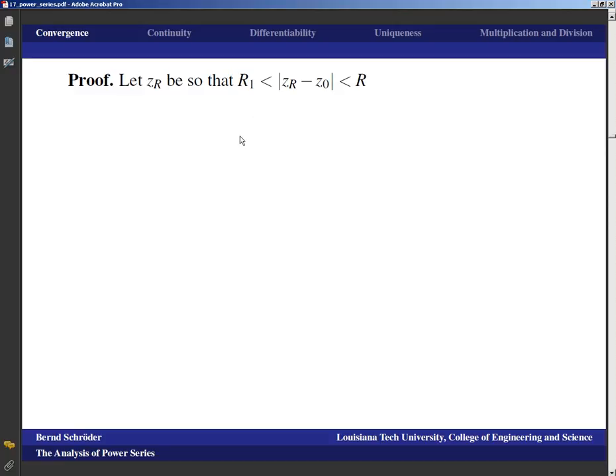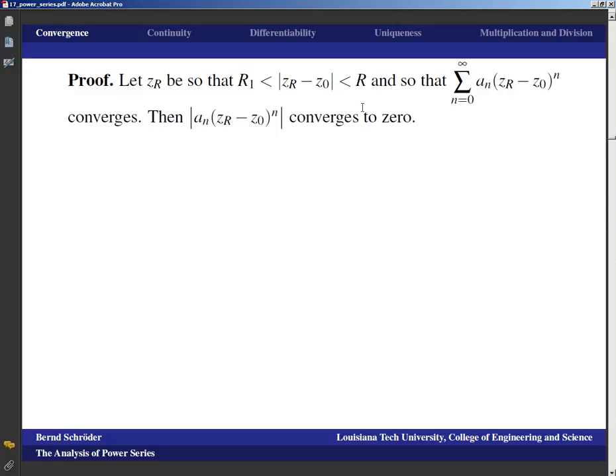We will see why in the proof. And I need that the sum n equals 0 to infinity a_n (z_r minus z0)^n converges. But if I need that, I have no guarantee that anything converges on the circle of convergence, so I actually must put my z sub r so that its distance from z sub 0 is strictly smaller than R.